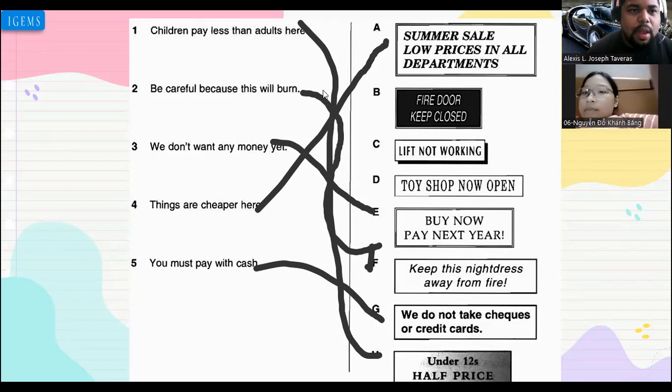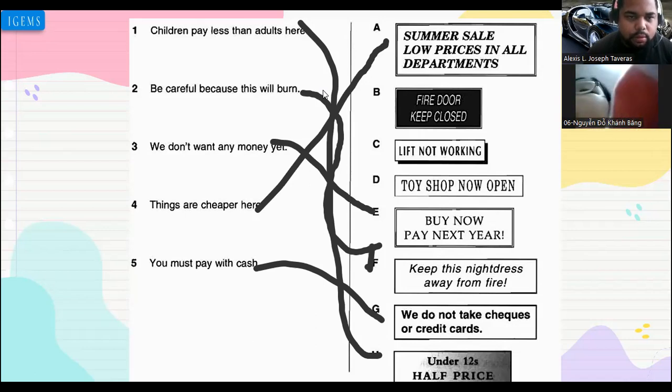So children pay less than adults here. What is the one that matches? 8. Okay, be careful with this one. F. Down. Bound.